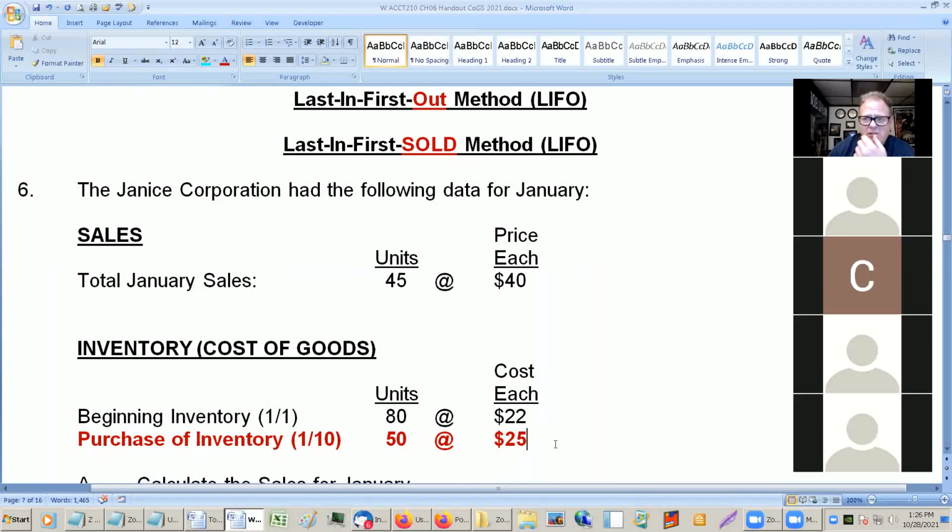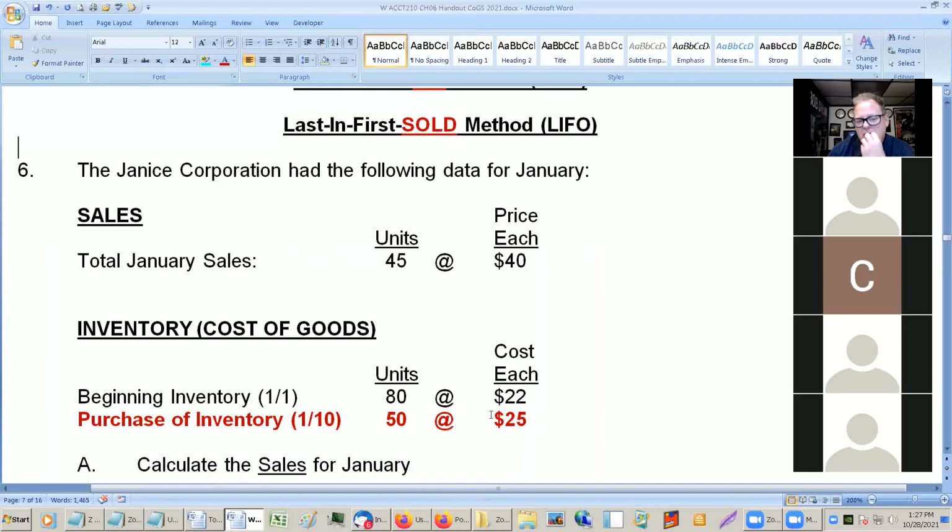It's not the actual flow. The actual flow is usually FIFO: first one in, first one sold. This one is a theoretical one that gives the best estimate of the true ending cost of the inventory.